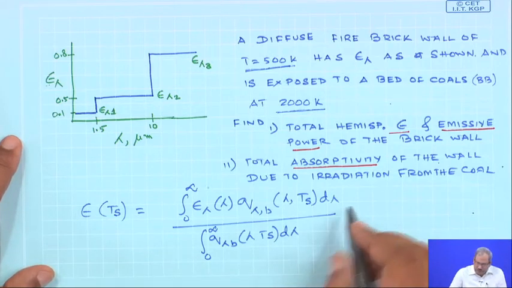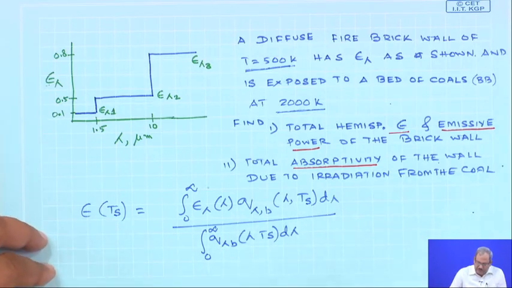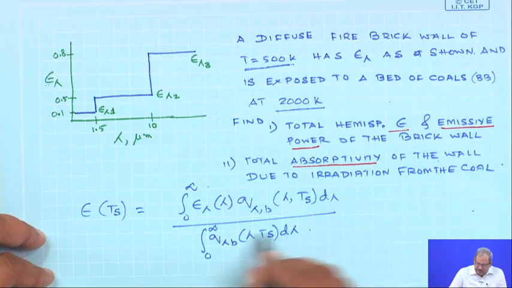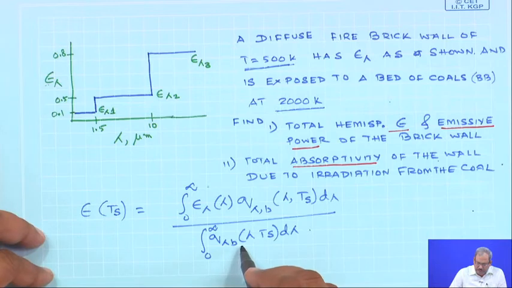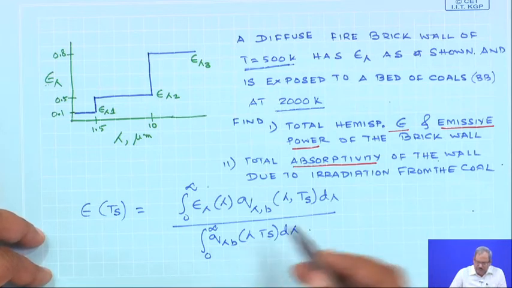This can now be simplified. The denominator is nothing but q b, the total emissive power of a black body, which is sigma T to the power 4.